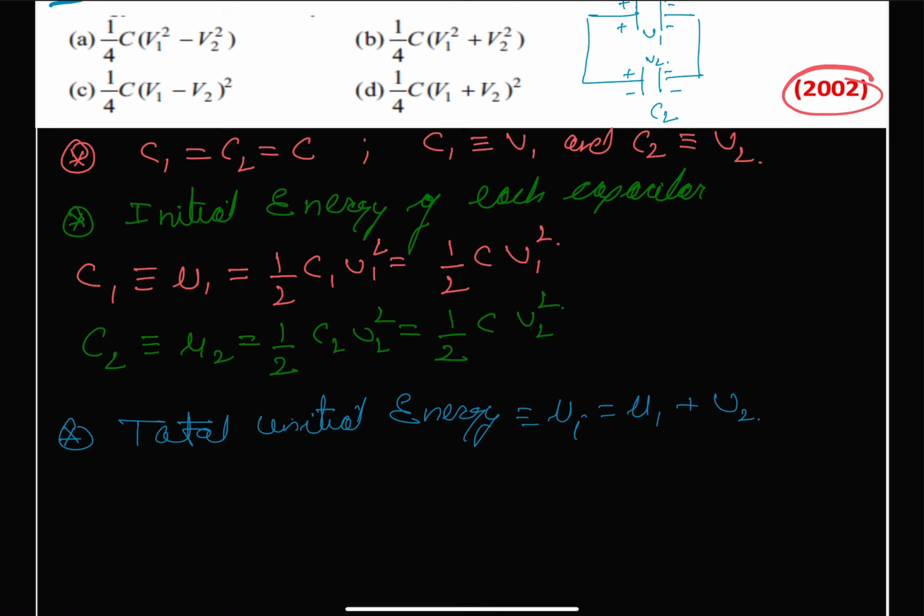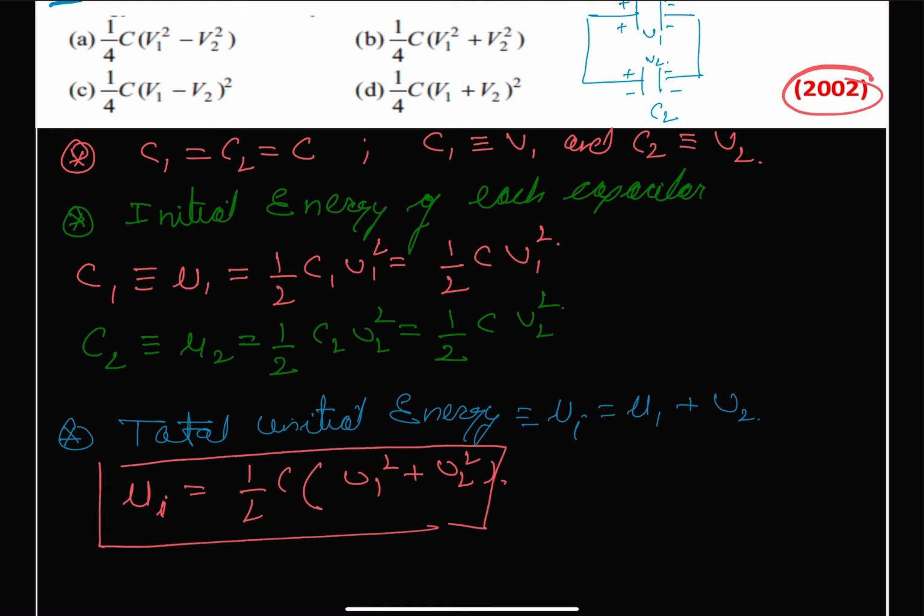Therefore, we can write that our UI will be equal to, we can take half C as common, so this will be V1 square plus V2 square. So this is our initial energy.